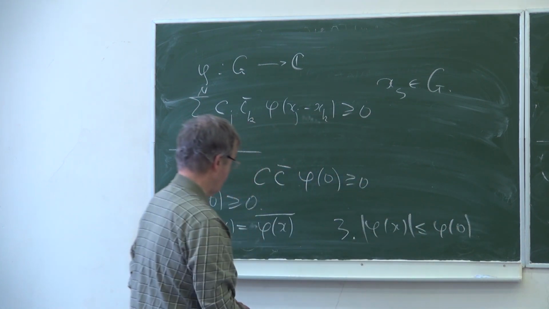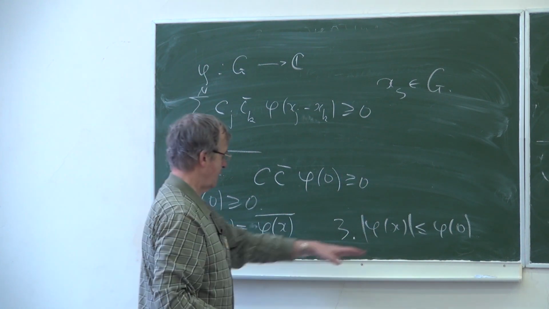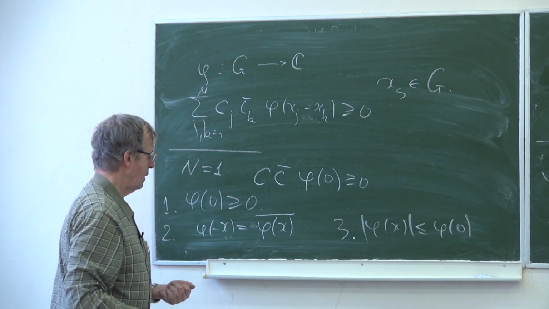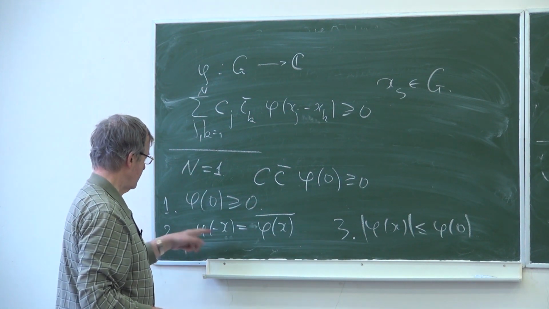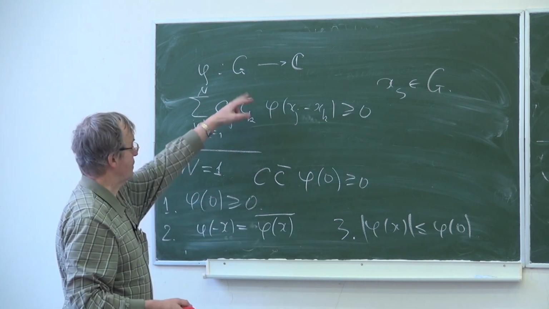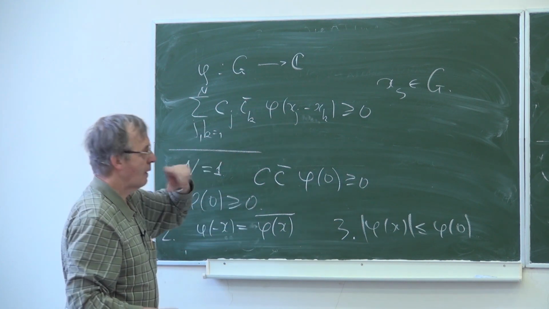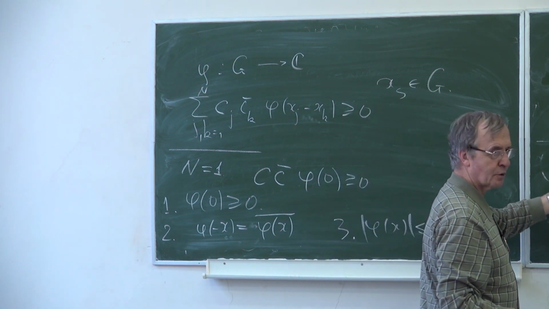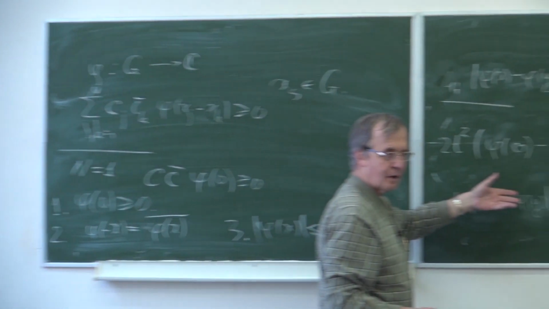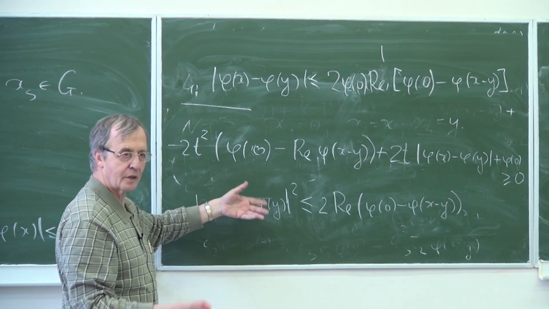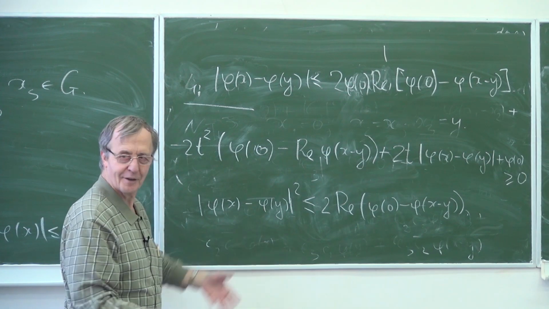So this was also proved. I need these two, and these two inequalities are relatively easy. They require only two terms in this basic inequality. This one is more complicated, but this is somehow a toy, because if I assume from the very beginning that my function is uniformly continuous, then everything goes smoothly.